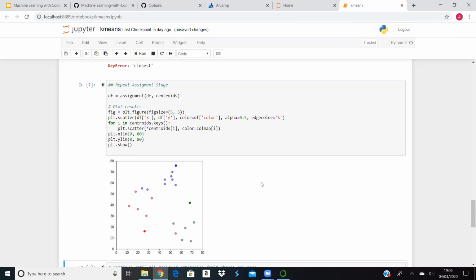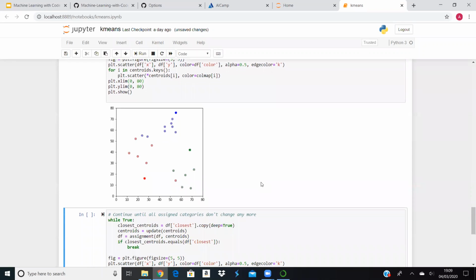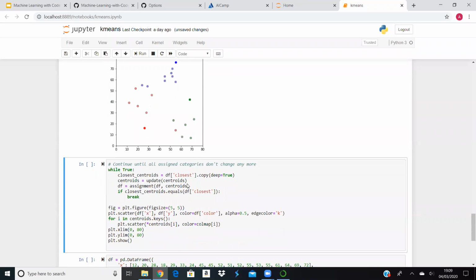I think I mistyped something. But when we keep on repeating the assignment stage, slowly these clusters would move. I mean, the cluster points would slowly move closer to the data points. And then there would be one stage where we do not get any changes in the cluster.